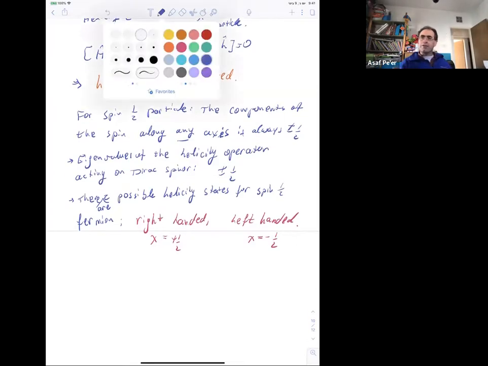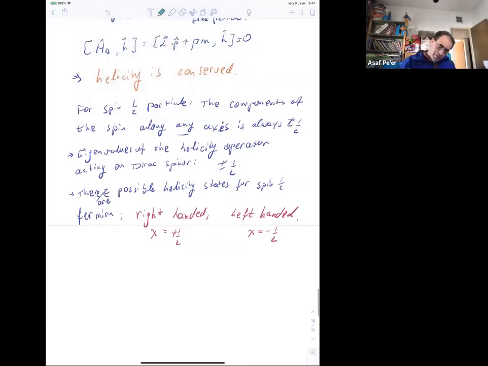Now I want to touch on that today, because this is something important. The helicity is not Lorentz invariant for massive particles. It is for massless particles.